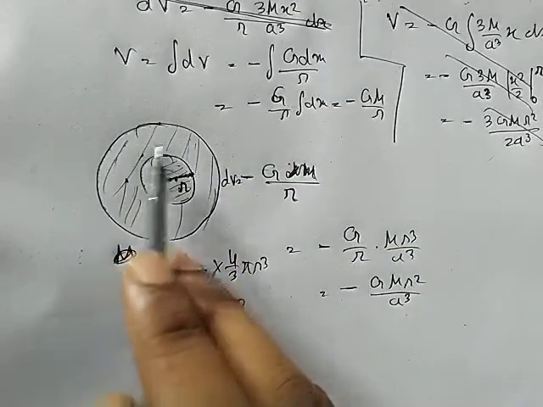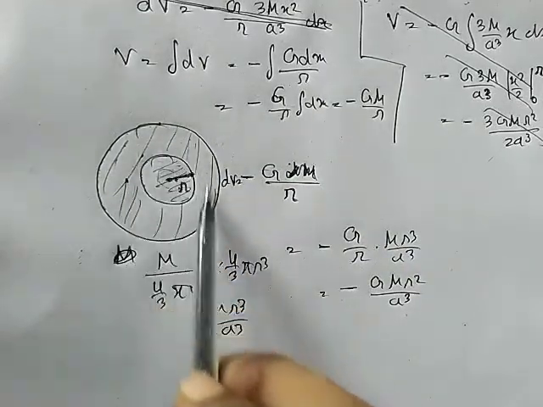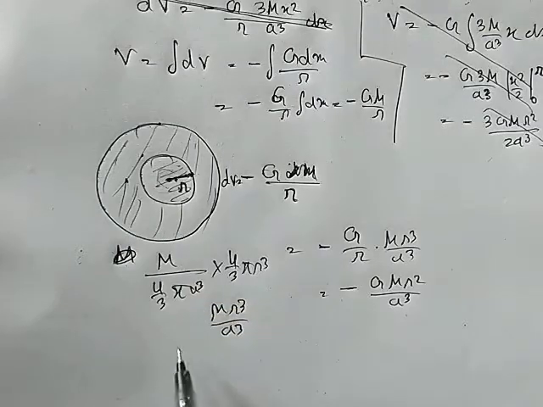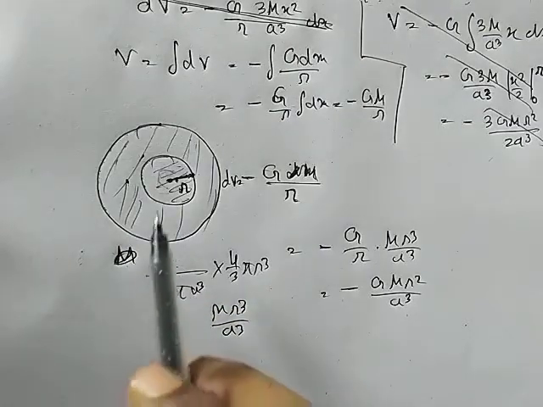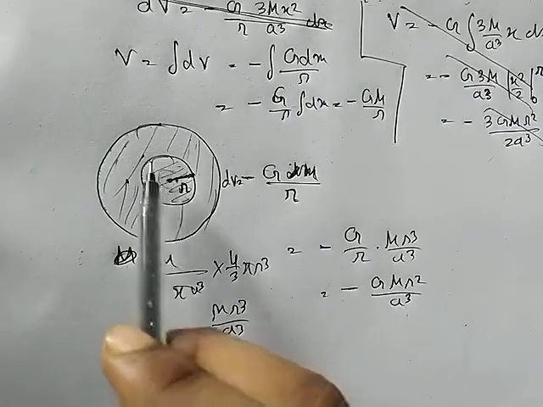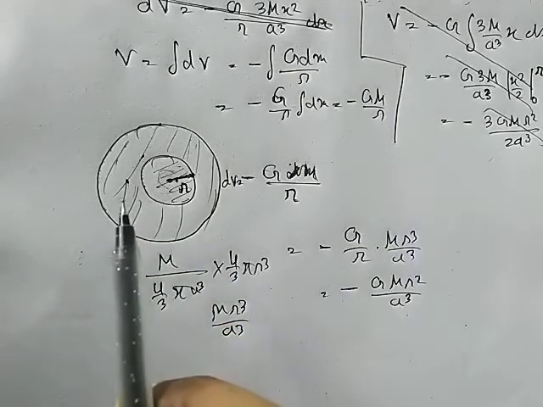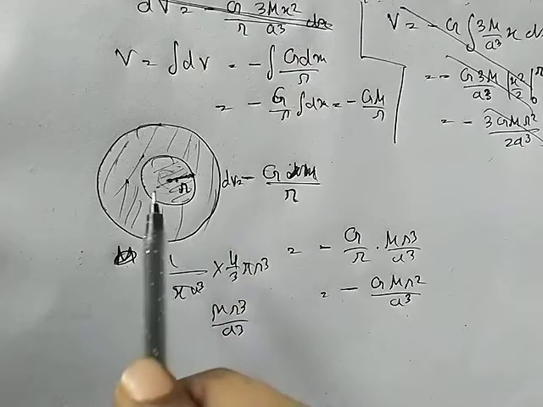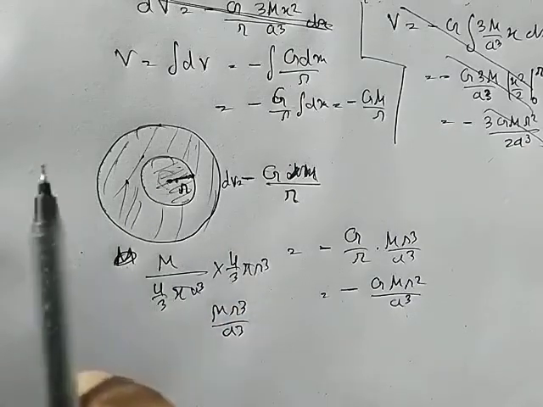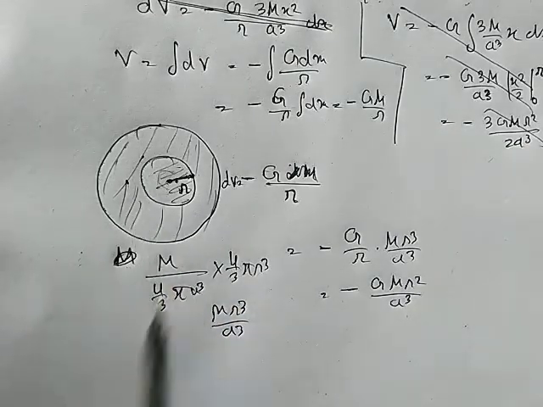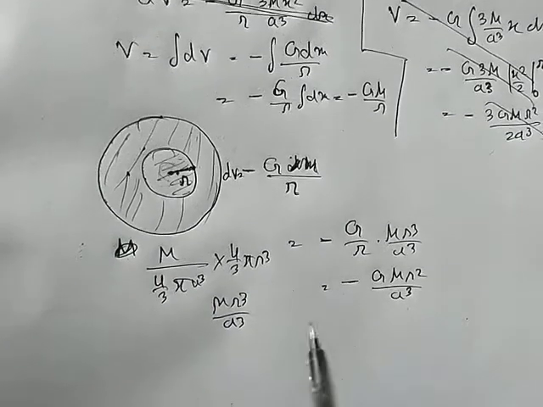Now we need to consider the potential at this point due to the whole outer shells. An important thing is that wherever the point is located inside a spherical shell, its potential is just equal. Inside a spherical shell, the location of the point has no effect on the potential as long as it is inside.